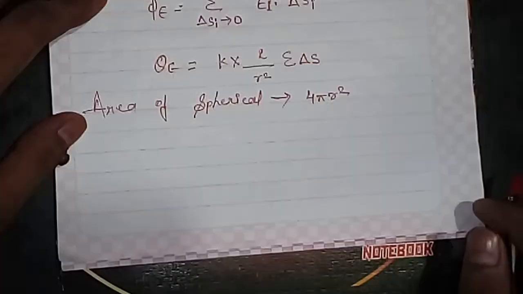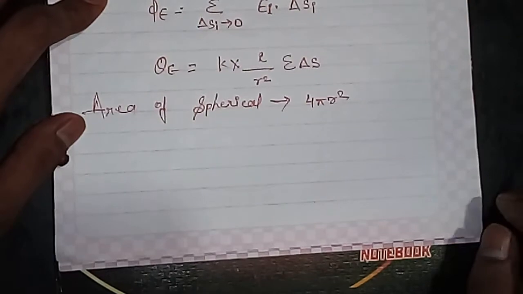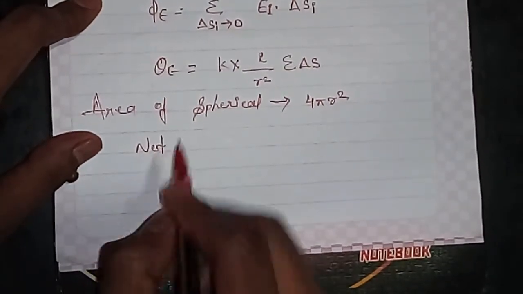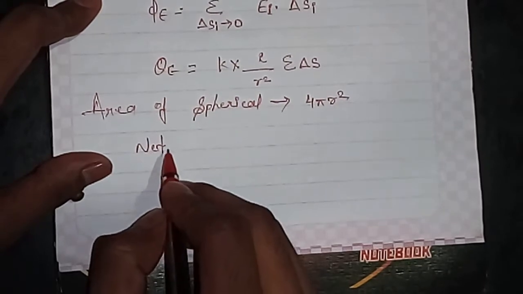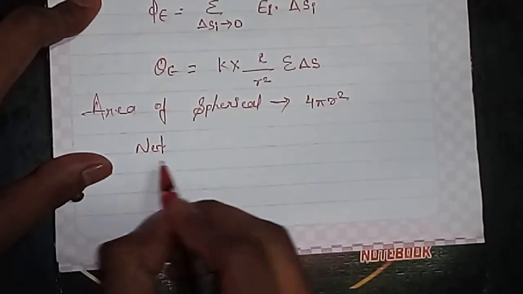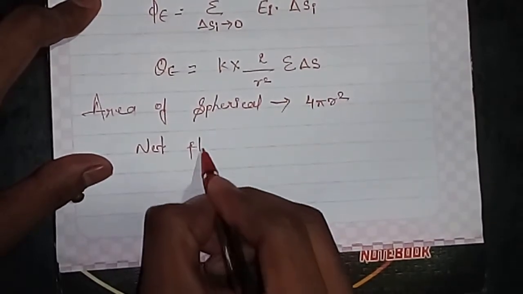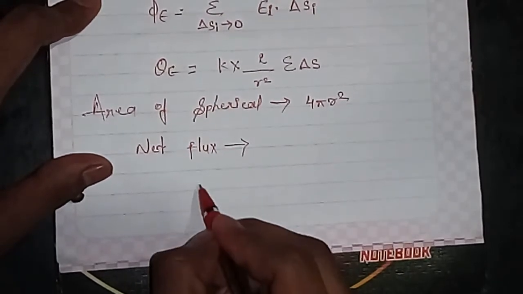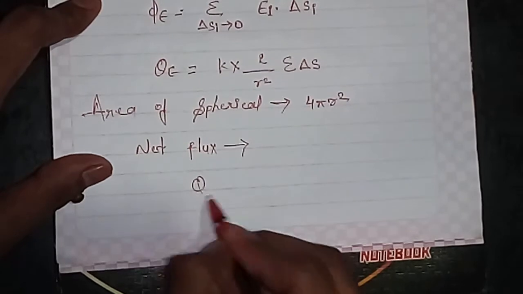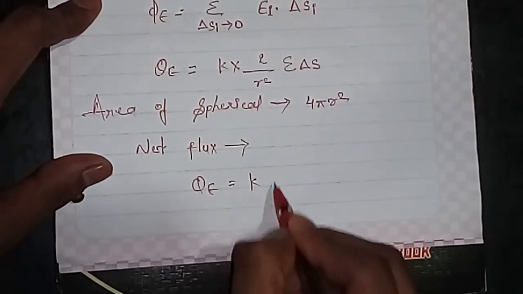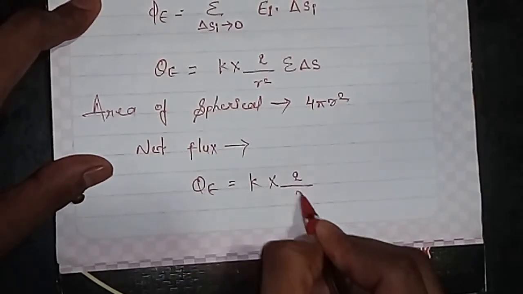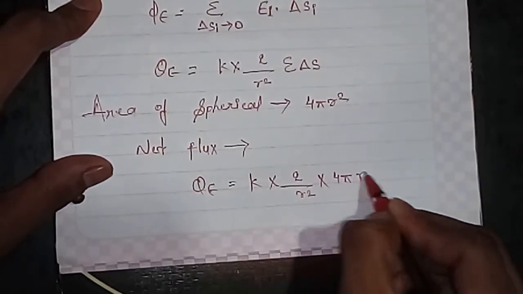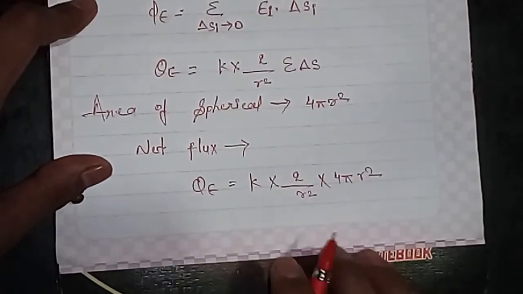Hence the net flux through the spherical surface, represented by phi E, is equal to kQ by r squared into 4 pi r squared.